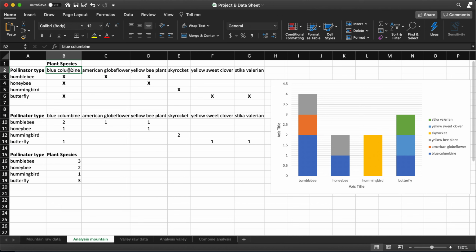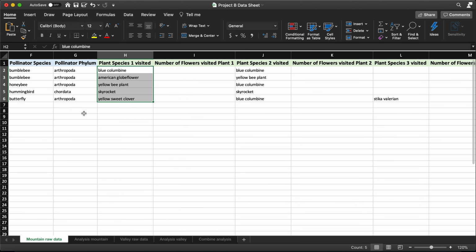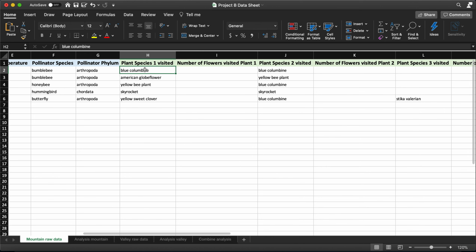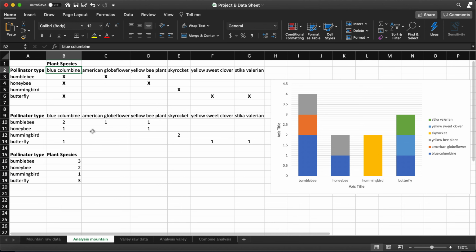Okay, now for example, the blue columbine, I actually can confirm with my mountain raw data. Oops, there it is. The blue columbine was visited by bumblebee, by honeybee, and by a butterfly. So you can put here X, X, X, because that means this particular plant is visited by 3 different types of pollinator.